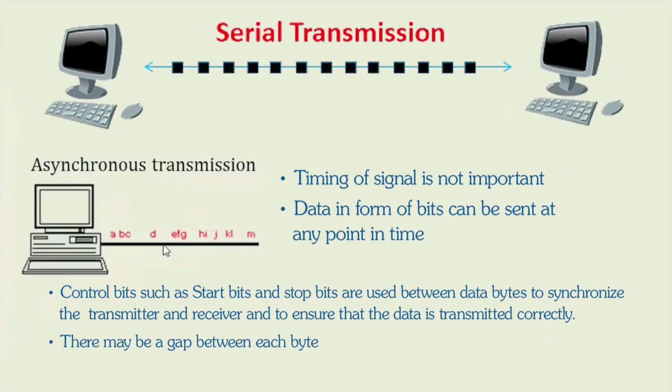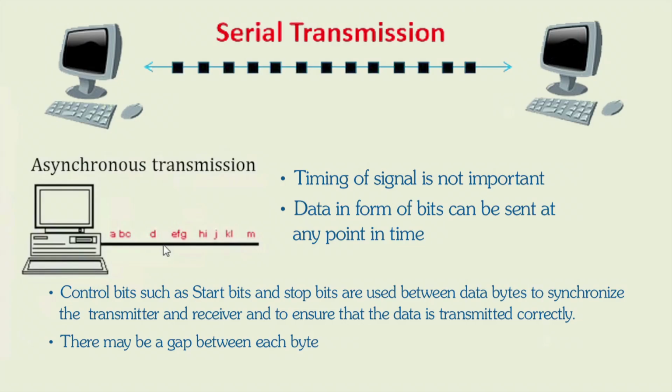There might be a gap between each byte. Byte means 8 bits. So there will be a start bit first, then 1 byte of data will be sent, then the stop bit. It means that 1 byte is completed now. After that there might be some gap, then the second byte will be sent.